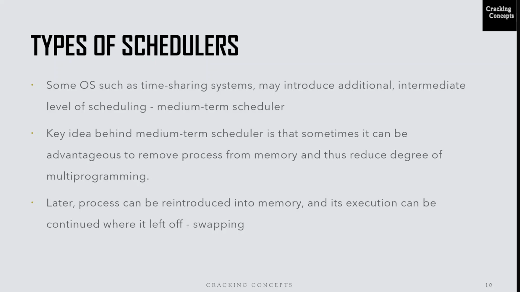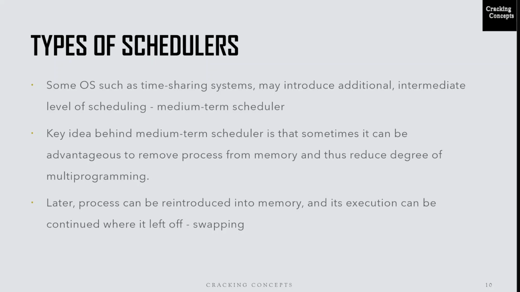Some operating systems, such as time sharing systems, may introduce an additional intermediate level of scheduling, that is the medium term scheduler. The key idea behind a medium term scheduler is that sometimes it can be advantageous to remove a process from memory and from active contention for the CPU, and thus reduce the degree of multiprogramming.